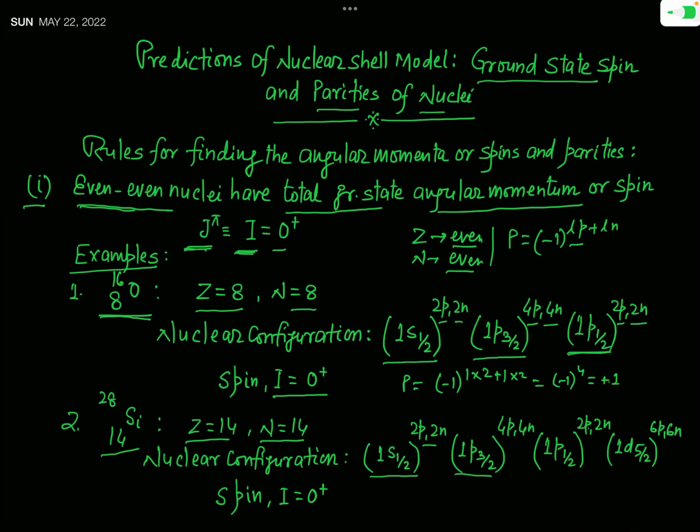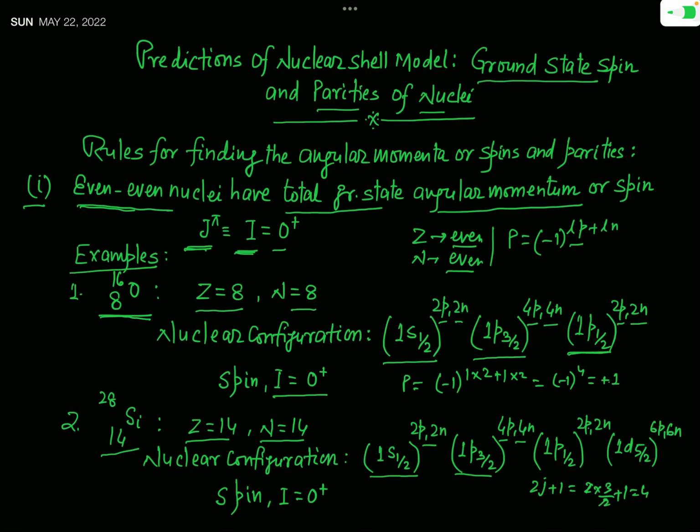Because 3/2 means J is equal to 3/2, and the total number of nucleons is found by the formula 2J plus 1. So this will be 2 into 3/2 plus 1, which is equal to 4. So the number of nucleons in this subcell 1p3/2 is 4 and 4, that is 4 protons and 4 neutrons.